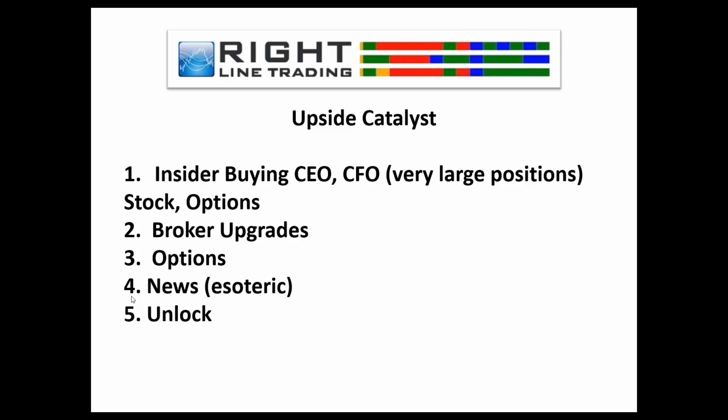Now this is the old "buy the rumor, sell the news" in reverse: sell the rumor and buy the news. What people look at is the unlock period as where massive amounts of new stock are going to be released into the market, creating a much larger float and dropping the price.